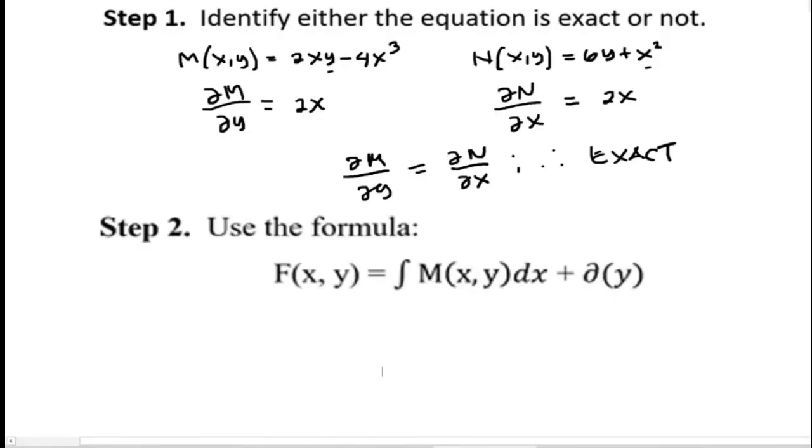For our step 2, use the formula: function f of xy equals the integral of M dx plus an unknown function of y. Let's substitute the value of M. Our M is 2xy minus 4x cubed, then dx, plus the unknown function of y.